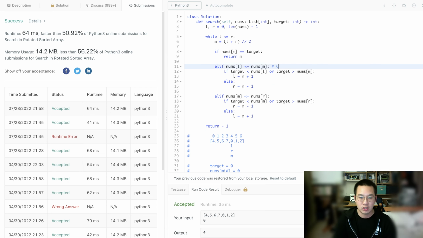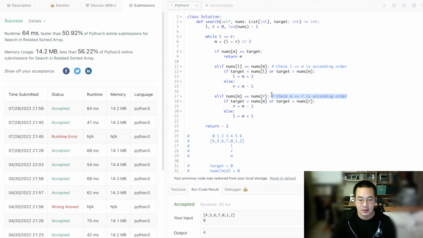So this checks whether left to mid is in ascending order, and this checks whether mid to right is in ascending order.